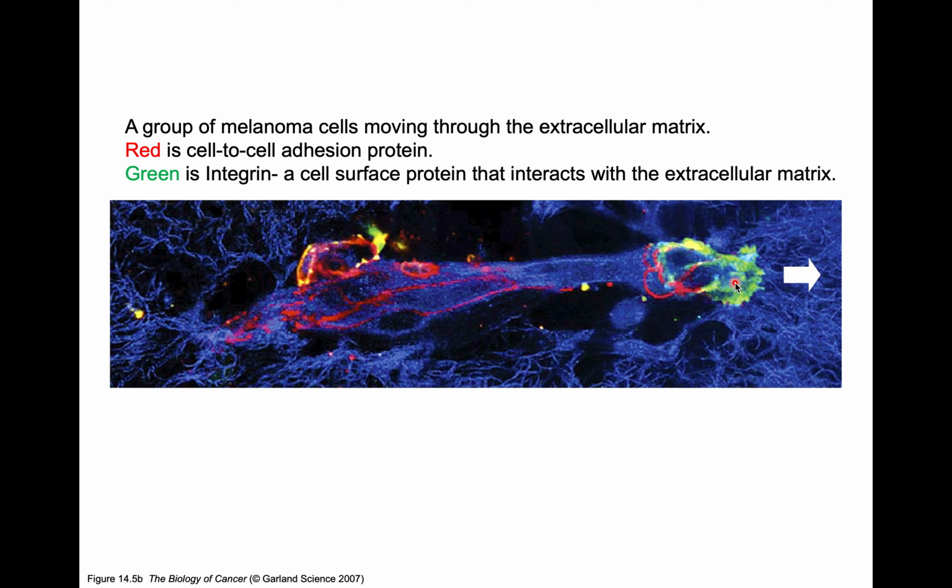And you can see that integrin is focused at the front end of the cluster of cells in this case, right, where it's interacting primarily with the extracellular matrix. So you can think of this as this cluster of cells basically grabbing hold of the extracellular matrix and then pulling itself forward using those cytoskeletal rearrangements that we just discussed.